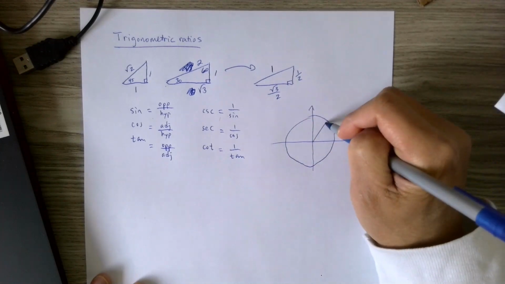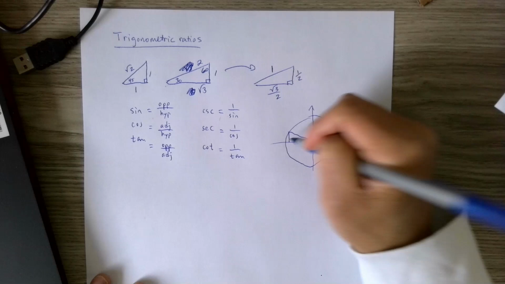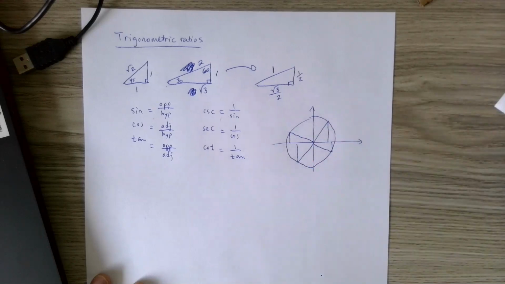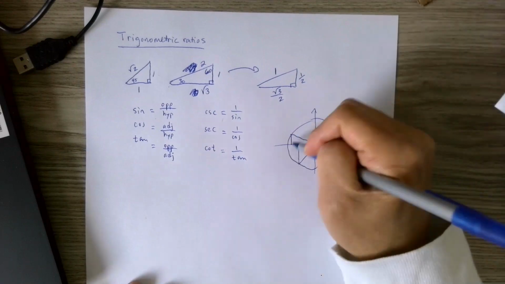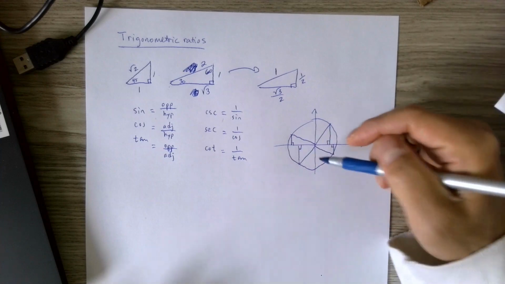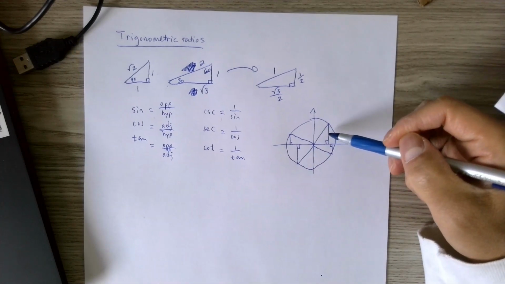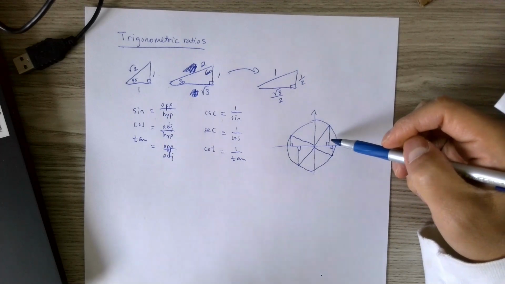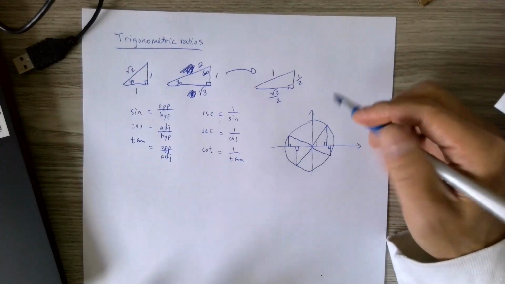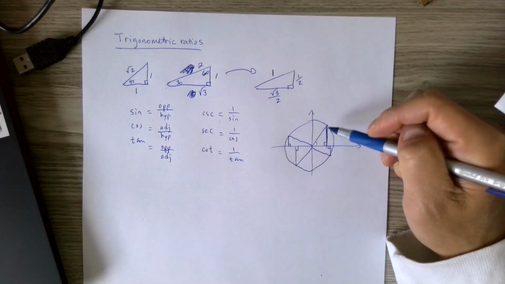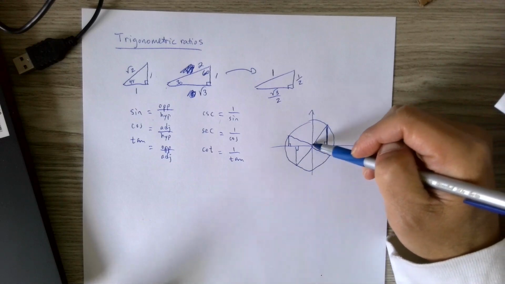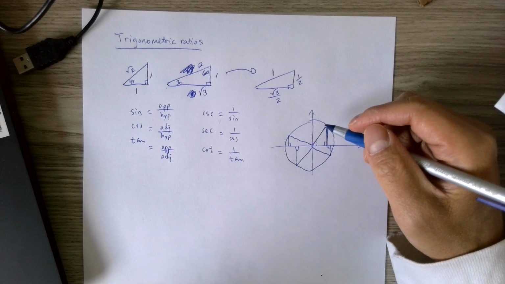And I'll draw just a few generic right triangles. So for example, in quadrant 1, if you are looking for the sine of this angle, then it's going to be positive because the opposite side has a positive value, and the hypotenuse side always has a positive value.